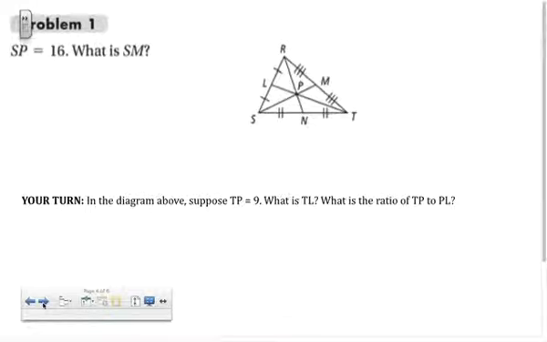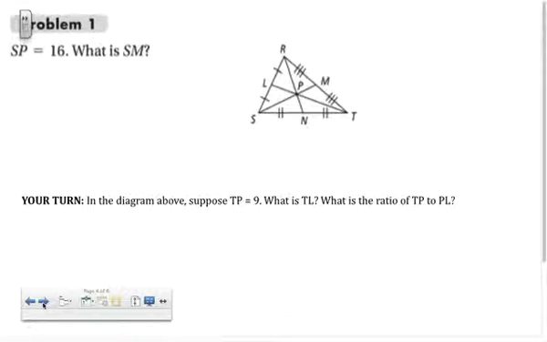All right, let's come back to these problems. In problem 1, notice what we are given, notice what we're trying to find, ladies and gentlemen. SP is 16. First of all, what I want you to observe is that based on the markings, P is our centroid. Like I mentioned before, the centroid is dividing each of those medians into a long part and a short part.